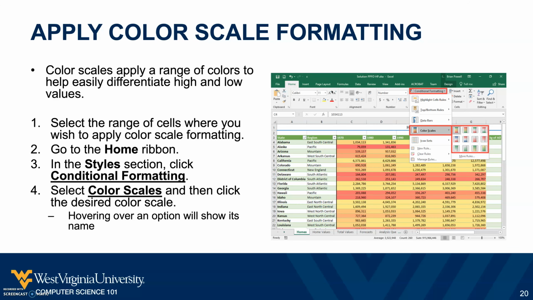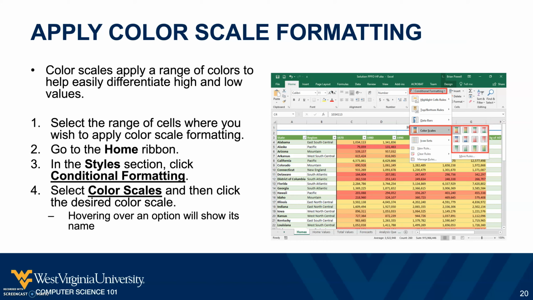The other thing that he does here that I find particularly useful, and we cover in both participation and I believe homework, is color scale formatting. What it'll let you do is apply a range of colors to help you differentiate between high and low values. So let's say we're looking at COVID results and we want to compare WVU, Harvard, Florida State, some other places, and we'd like to see just comparatively who has low numbers, who has high numbers.